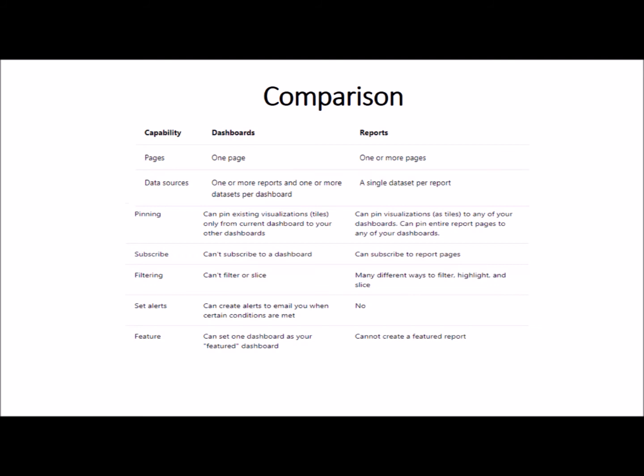And as you can see, the other components of dashboard and report can be compared to each other. The last one is filtering. A dashboard cannot filter or be filtered or sliced, but reports may have different ways to filter, highlight, and slice. As we know, there are many ways to read a single report, and a single report can give one or more pieces of information on a data set.